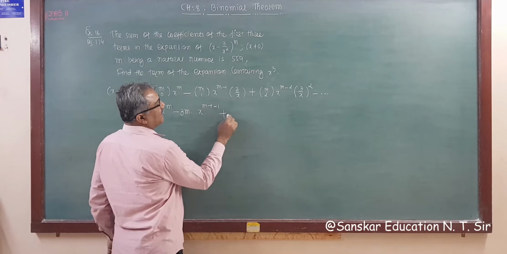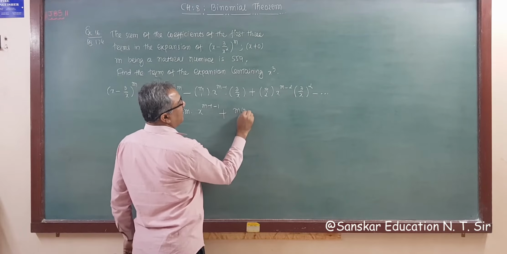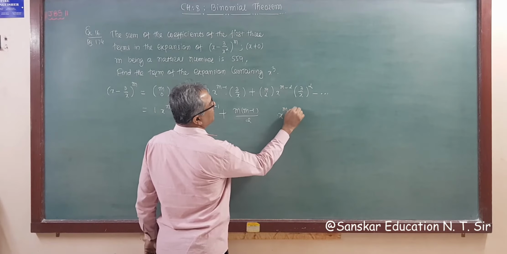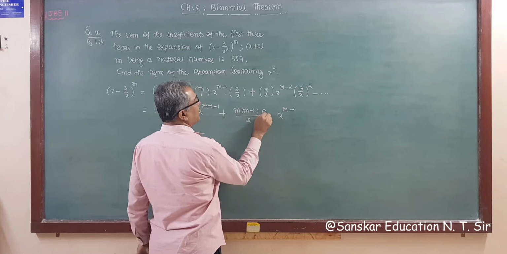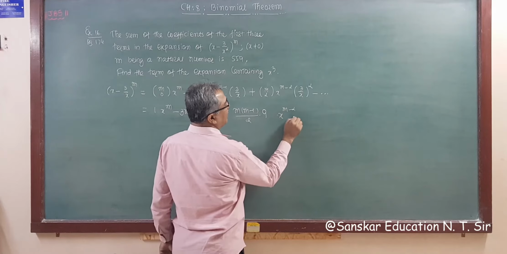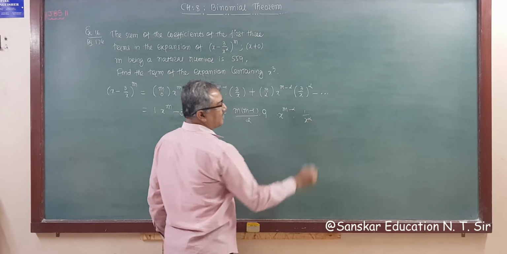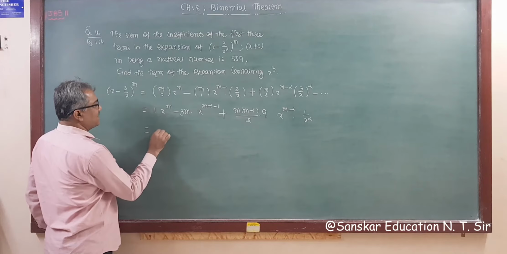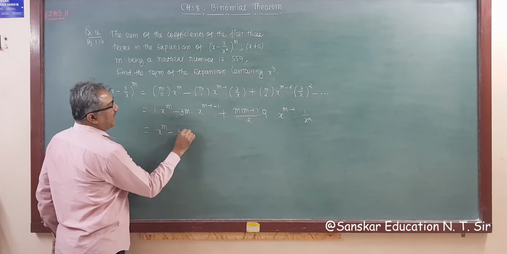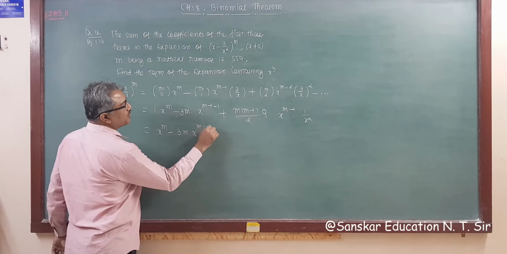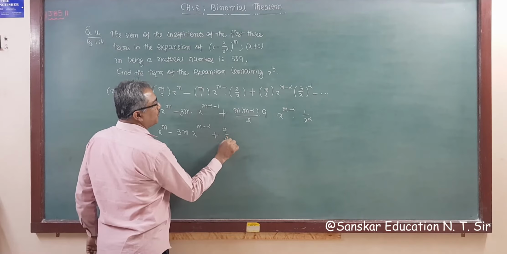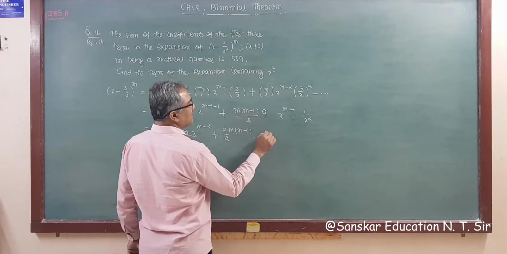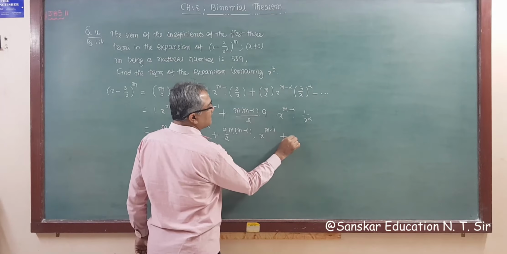Plus mC2 is m into m minus 1 by 2, x raised to m minus 2, now 3 squared is 9, so 9 upon x squared. So what we get is x raised to m, minus 3m x raised to m minus 2, plus 9 by 2 m into m minus 1 x raised to m minus 4, and so on.